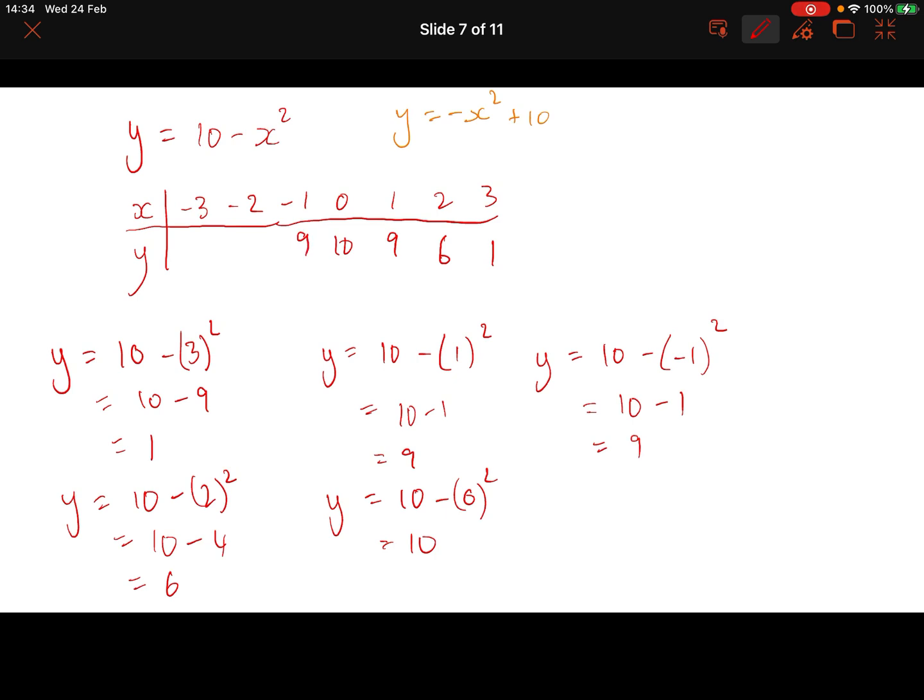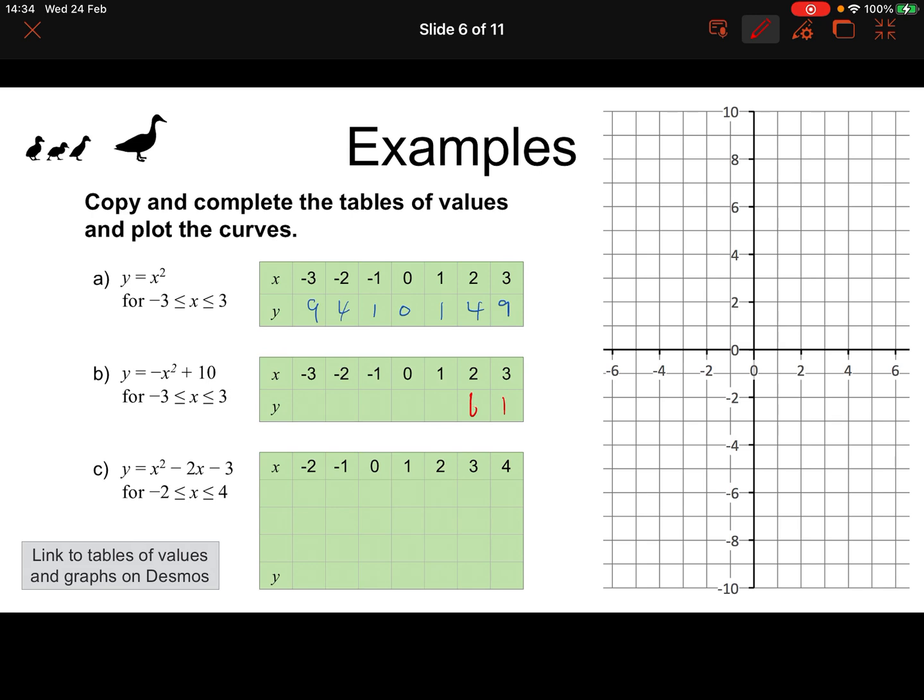It's following a pattern, isn't it? 10 minus negative 2 squared. Negative 2 squared is 4. So we're getting 6. Hopefully you can see the pattern. The last one is going to be 1. Okay, and you can check it by actually substituting it in. So we've got 1, 6, 9, 10, 9, 6, 1.